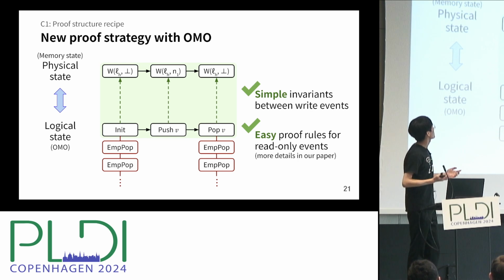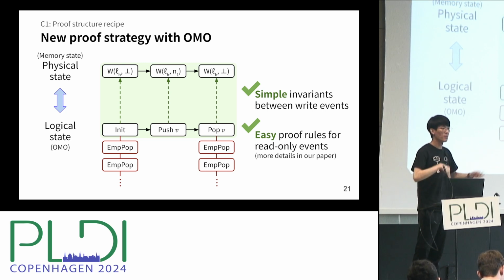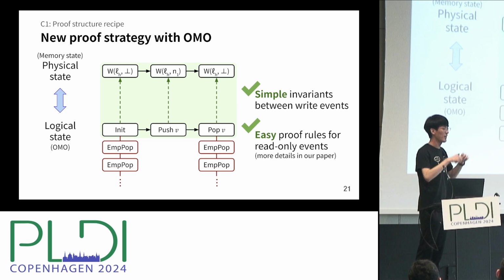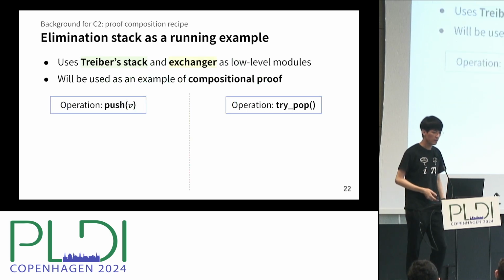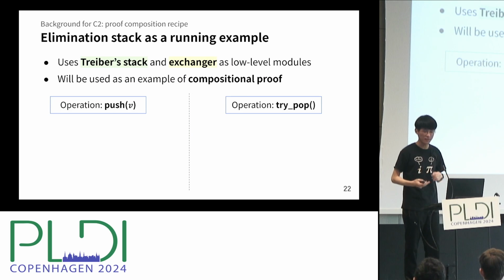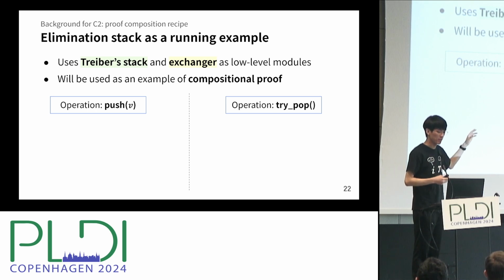So far, we have discussed our new proof structure called the OMO structure that enables simple invariants and easy proof rules by focusing only on the write events. Now, we are going to apply this new proof technique to a more complex situation where we verify complex data structures in a compositional way. To discuss compositional verification, we are going to use the elimination stack as a running example.